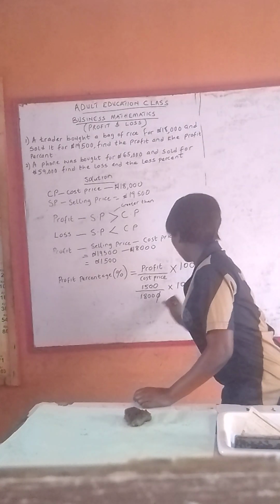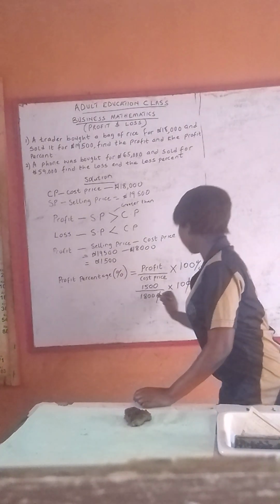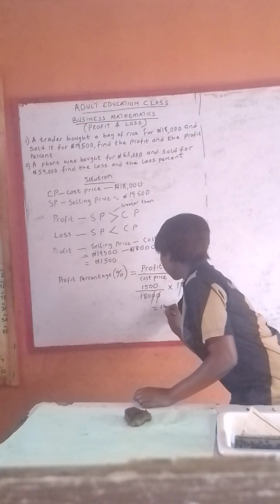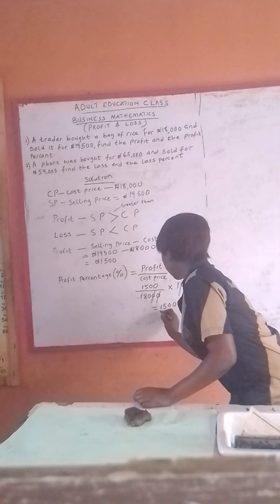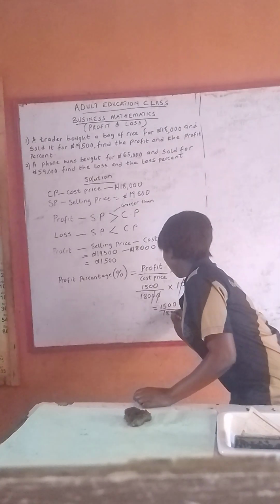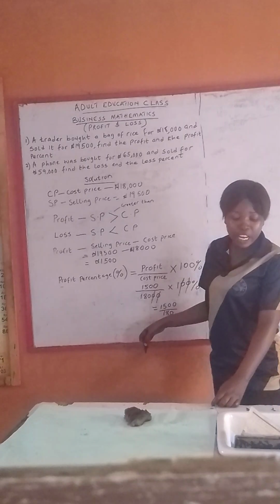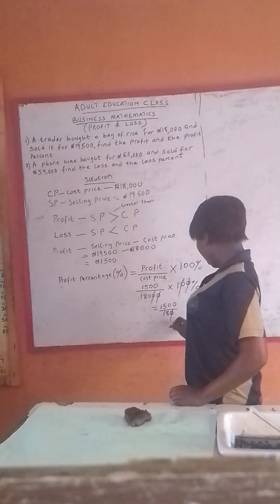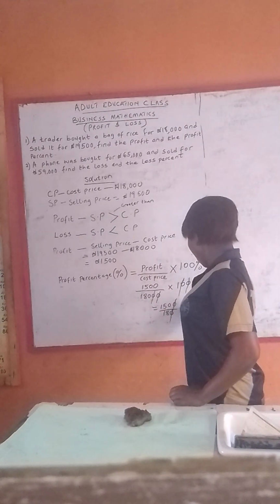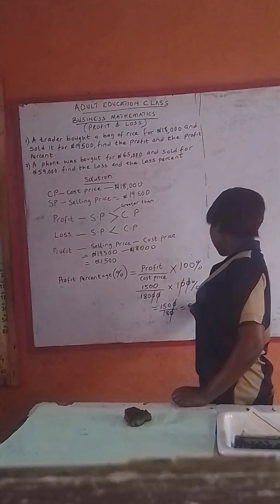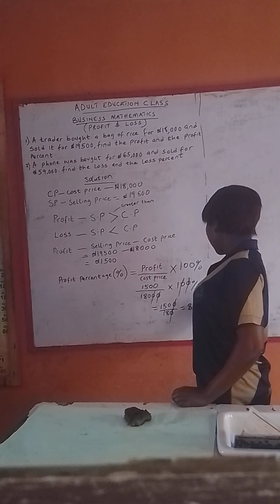So this one, we cancel this out. This, we cancel this. So you'll be left with 1,500 divided by 180. And I think this one too can go with this. So if you do this well, you are going to be getting 8.3%.